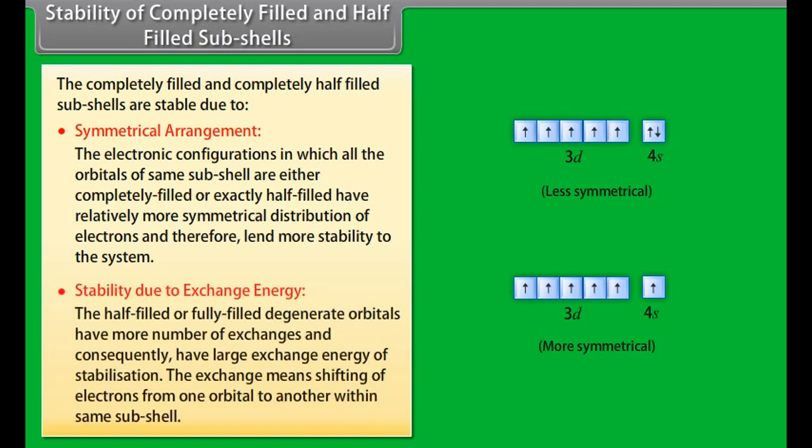Stability due to exchange energy. The half-filled or fully filled degenerate orbitals have a larger number of exchanges and consequently have large exchange energy of stabilization. Exchange means shifting of electrons from one orbital to another within the same subshell.